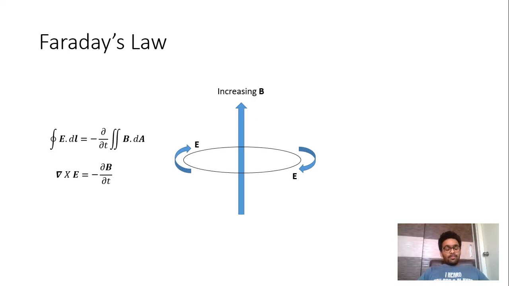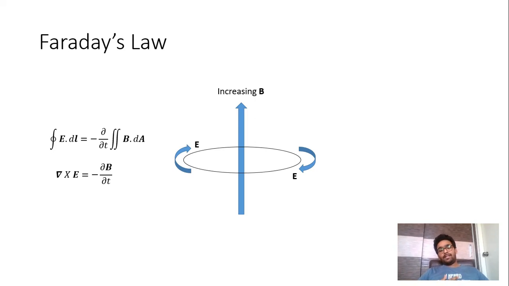And in point form, I can say the curl of E. Curl is nothing but the rotation of E. That means the electric field tends to rotate. If it is going like this, then the changing magnetic field drags that electric field in this manner, and the electric field will rotate.